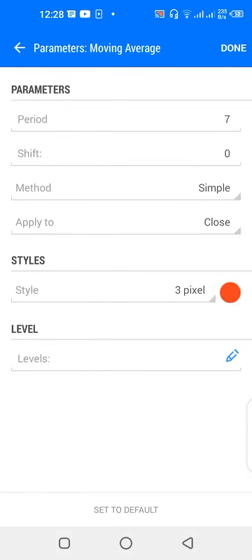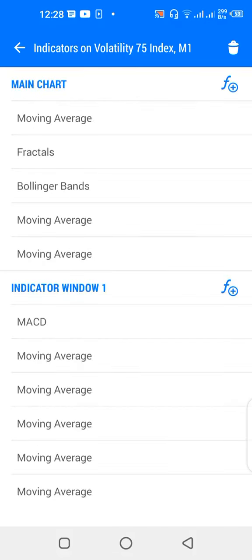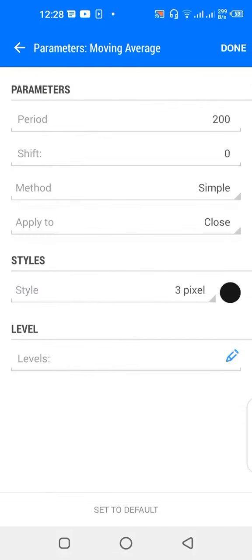I also have another moving average. The period is 7. Shift is 0. Method is simple. Apply to close, and the color is red. Then for the last indicator on the main chart, I have a moving average with period 200.